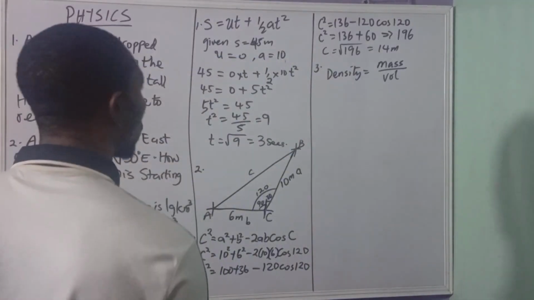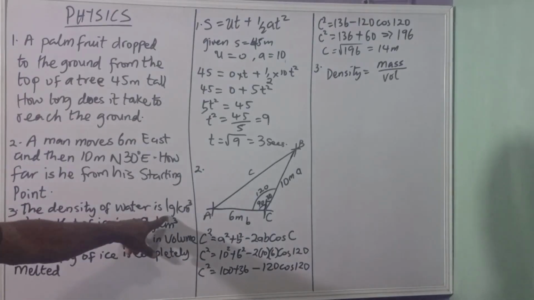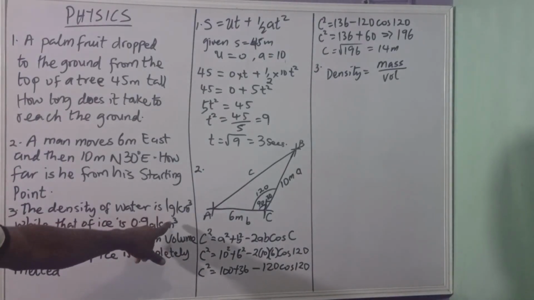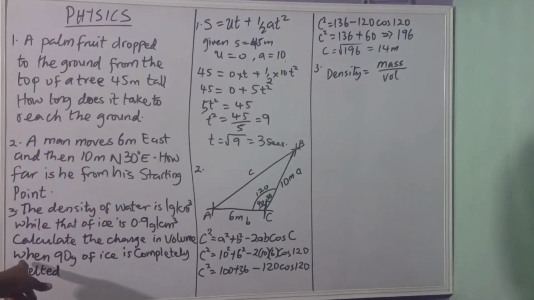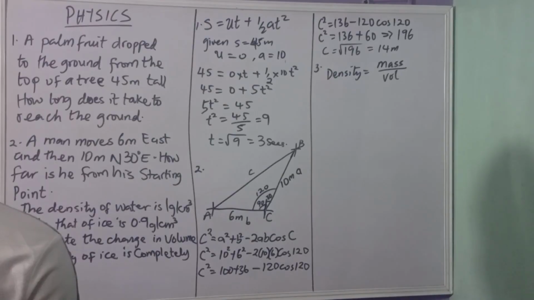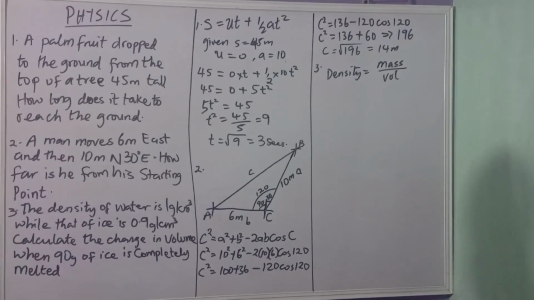Here the density of water is 1 gram, while we are looking for the change in volume when 90 grams of ice is completely melted. So volume will be mass over density. For us to calculate the volume of ice and that of water, it will be mass over density.